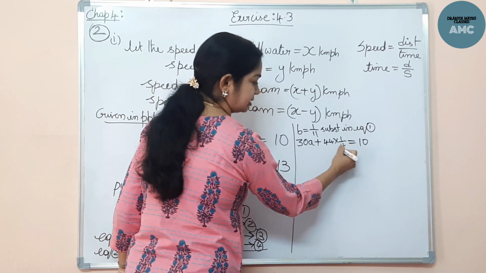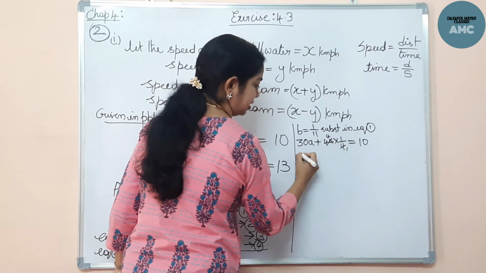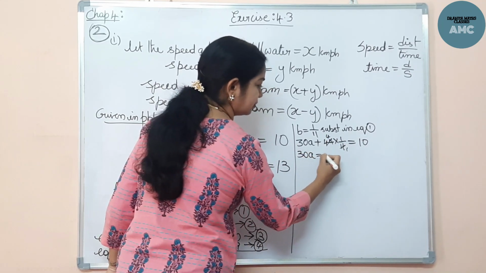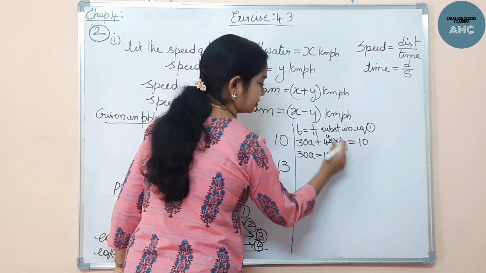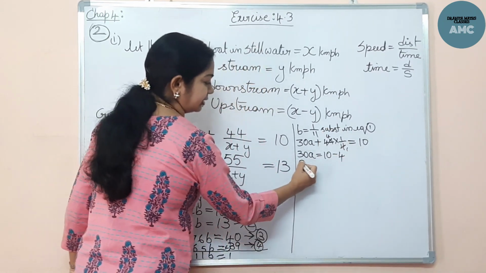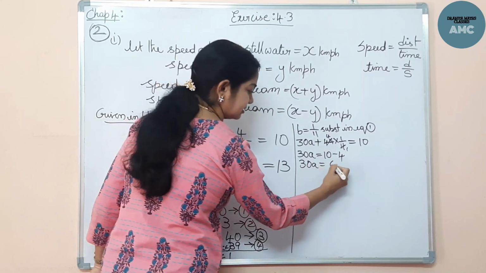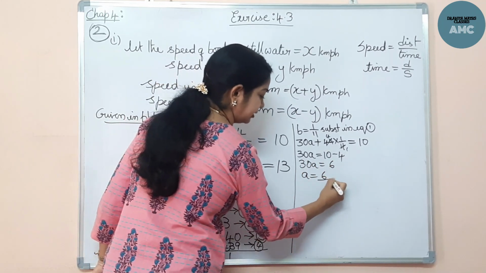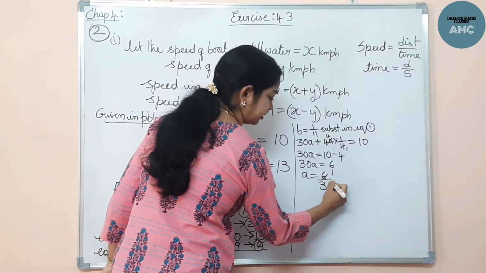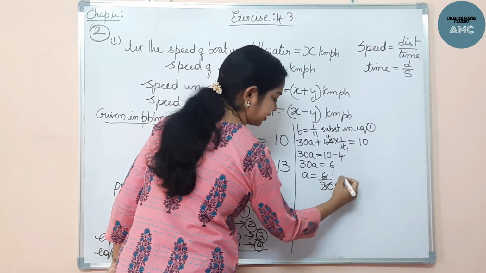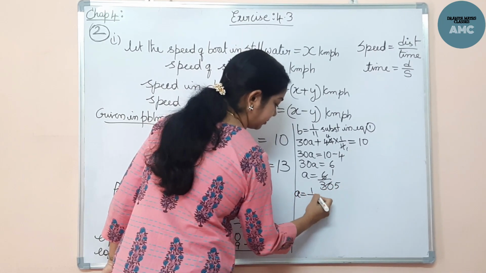Now if you cancel this, 11 ones, 11 fours. Now 30a is equal to 10 minus 4. Shift this 4 to the other side. 30a equal to 6. a equal to 6 by 30. Now 5 ones, 6 fives are 30. So a equal to 1 by 5.